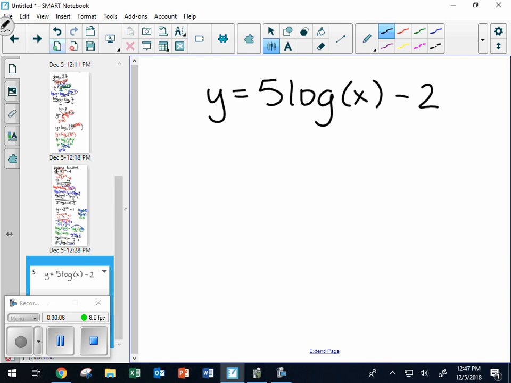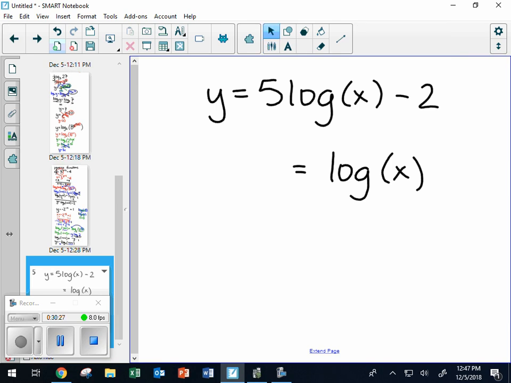So if we start with the logarithm instead, I will give you a hint. You eventually want to get to some kind of point where on the right-hand side here, all you have is just the log of x. And that's all you have on the right-hand side. You should get to that point at some time in your solving. And if you do, you are on the right track.